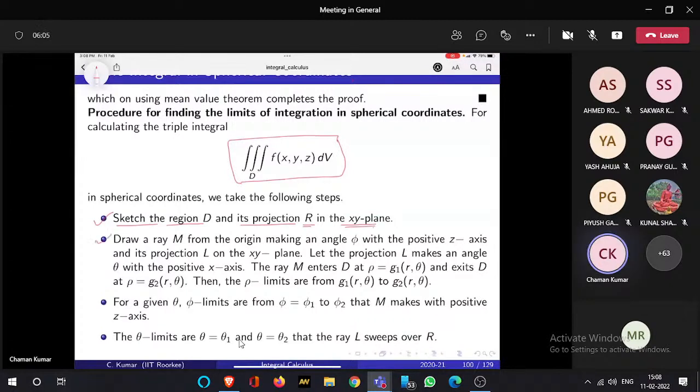Then the second step, draw a ray from the origin which makes angle phi with the positive z-axis, and its projection, that is, the projection of the ray M. Let us denote the projection of the ray M by L on the XY plane.